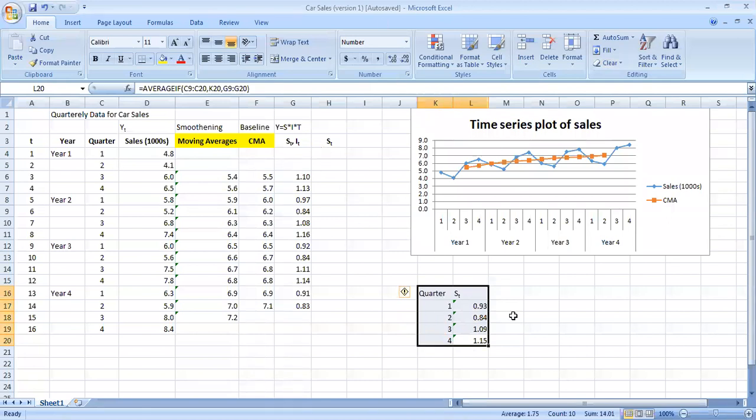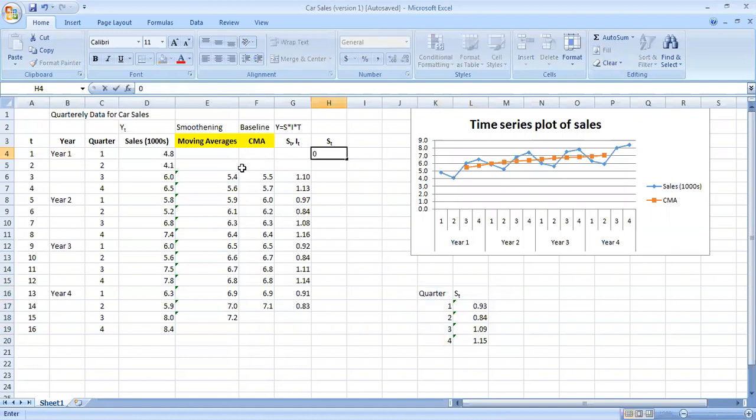Now we have to take these values here. Taking these values is very easy. You can either copy and paste the values here. One way is that the first quarter is 0.93, so here year 2 first quarter also it's 0.93, year 3 first quarter also it's 0.93, then second quarter it's 0.84.